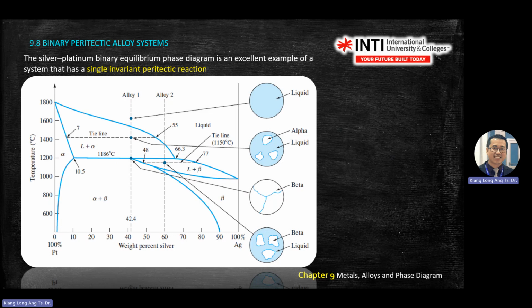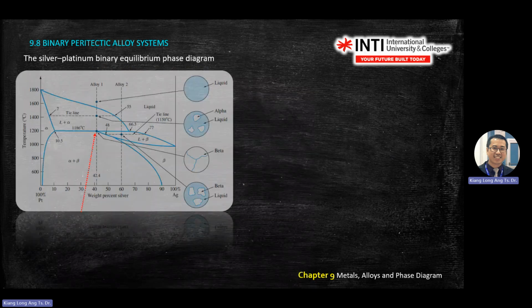This point is actually quite confusing. If you enlarge this one, you will see the region of beta still pointing here. Then if you shift to another one on the right here, here will be liquid plus beta. So this one is quite direct.